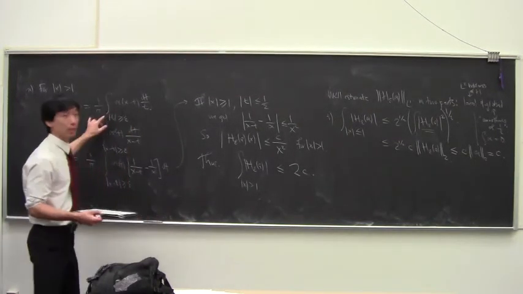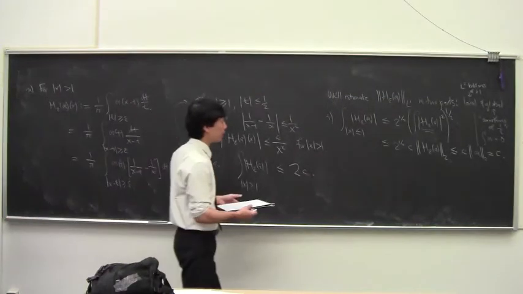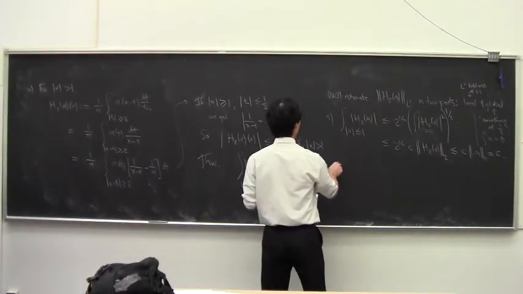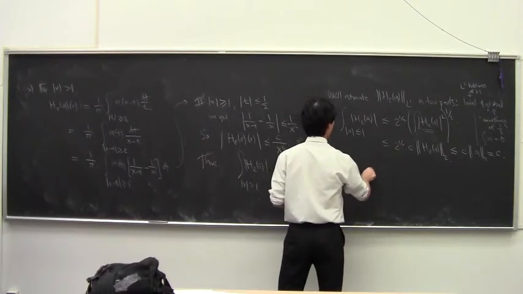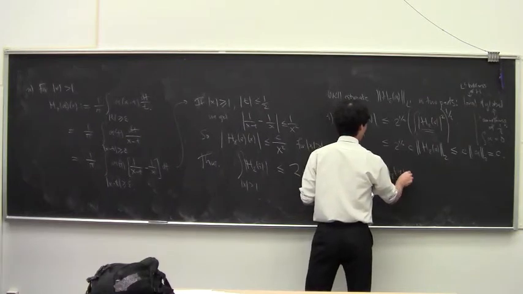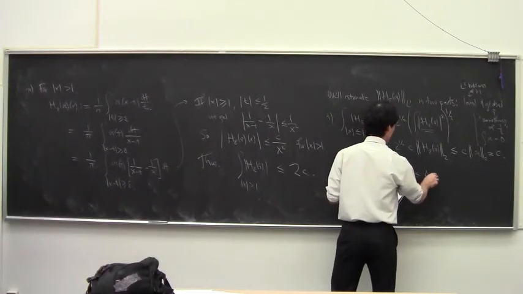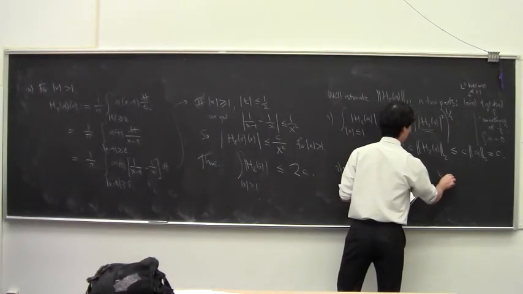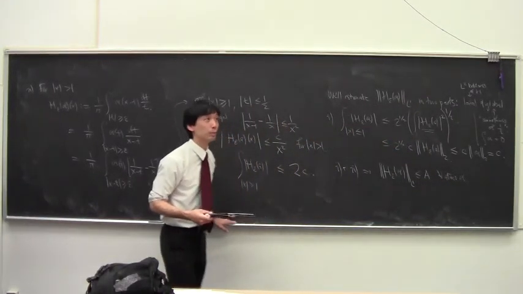So that's how one gets the global part, and putting 1 and 2 together gives us that the L1 norm of these guys is bounded by a constant for all atoms. So that's the first move.